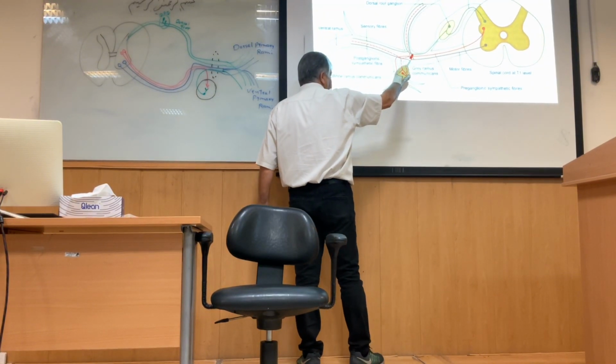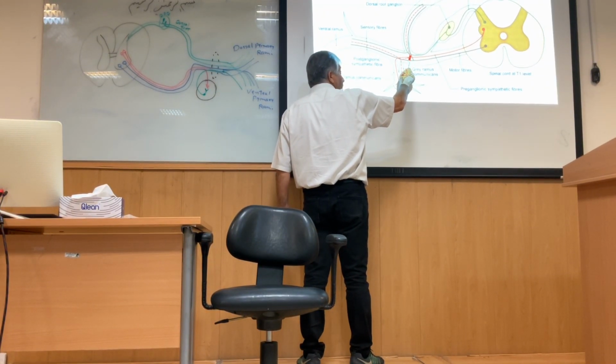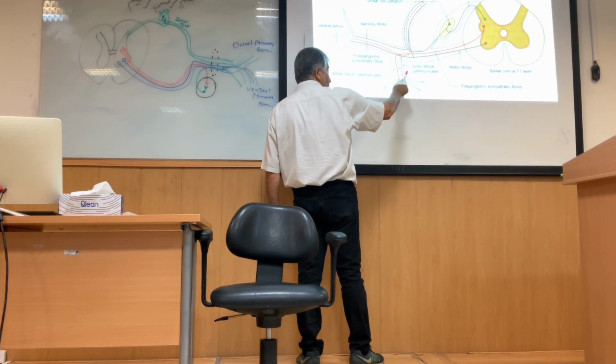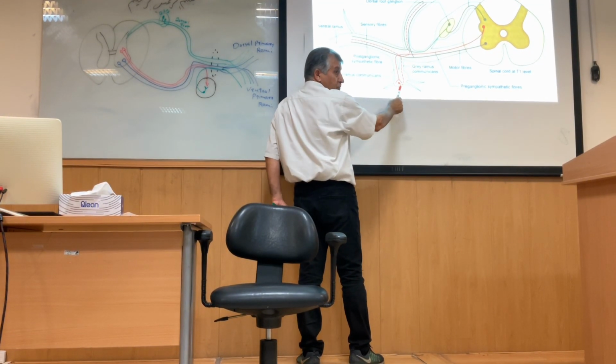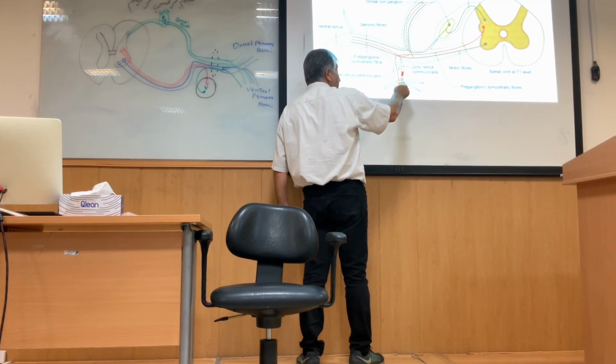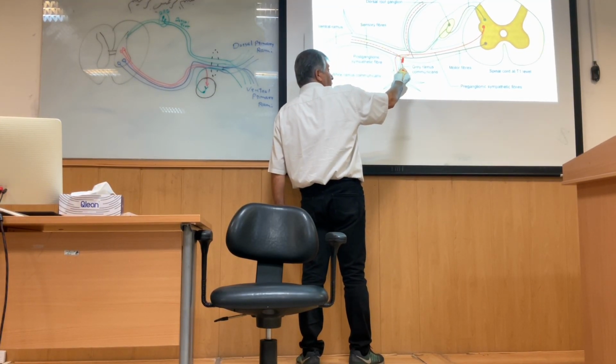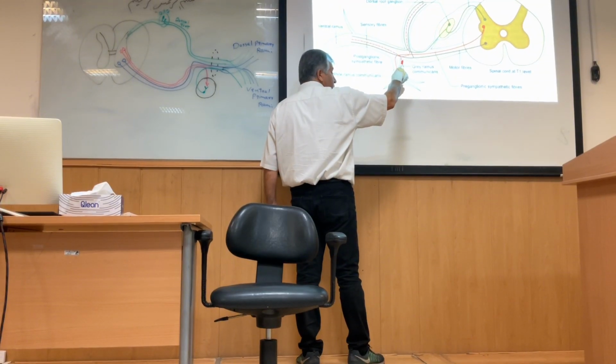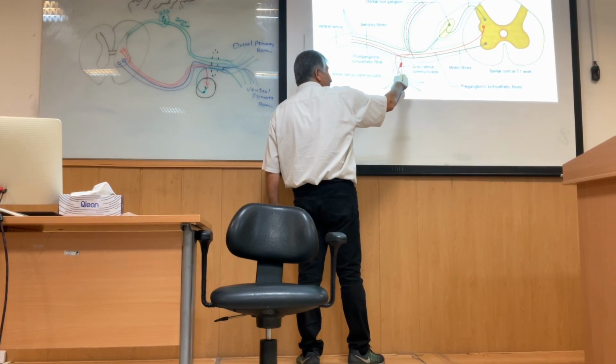The sympathetic ganglionic fibers leave the spinal nerve, enter the ganglion, synapse there, and come back toward the spinal nerve. This part is called preganglionic or white ramus, and this one postganglionic or gray ramus.